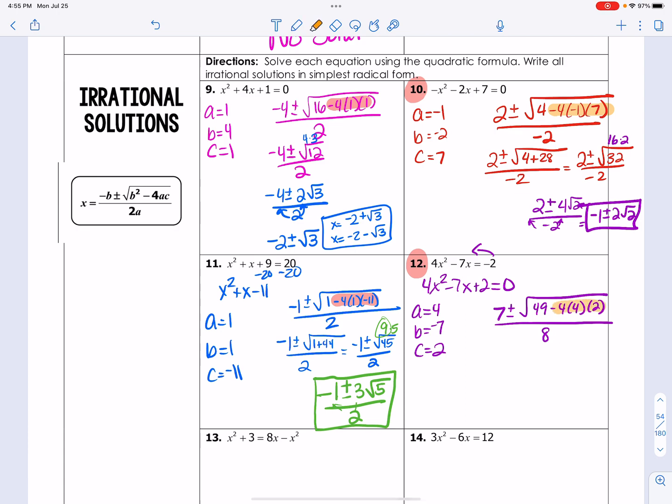This stuff right here, 4 times 4 is 16 times 2. So that would be 32, and it's going to be negative. The sign didn't change. So it's going to be plus or minus 49 minus 32 all over 8. 49 minus 32 is 17. Nothing goes into 17, and 8 does not go into 7. So that's actually your answer.